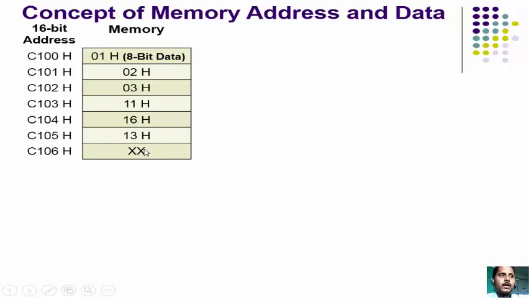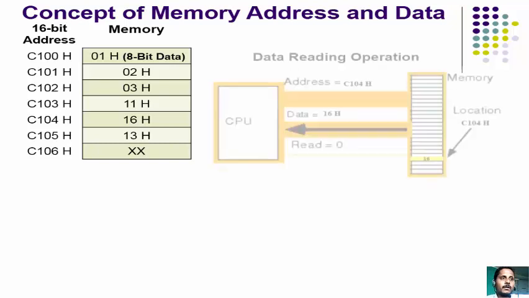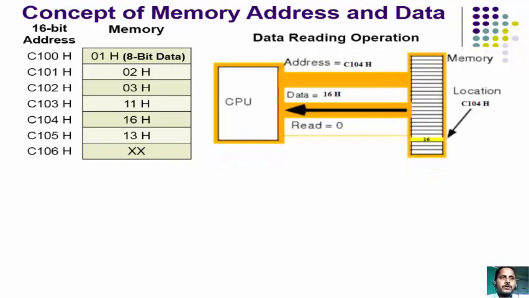Now we will see the concept of the data reading and data writing operation that we compared with the postman. In this diagram we can see the data reading operation. On the left-hand side is the CPU, and on the right-hand side is the memory with different memory locations. Suppose memory is compared with the city.